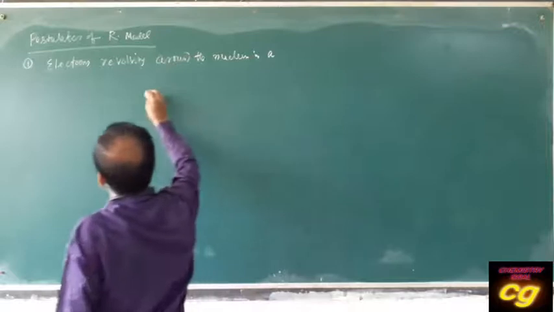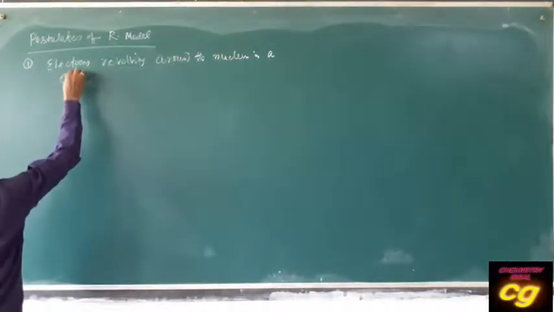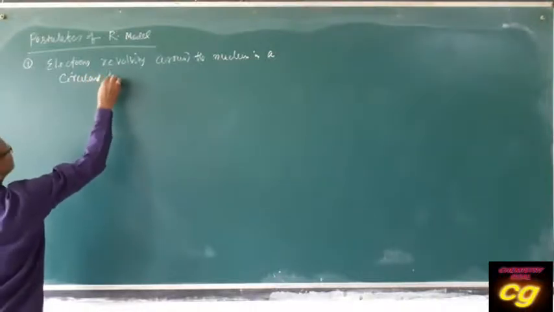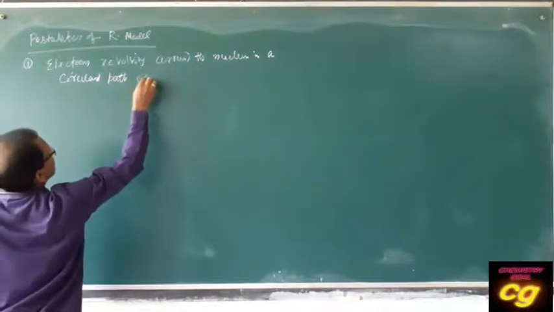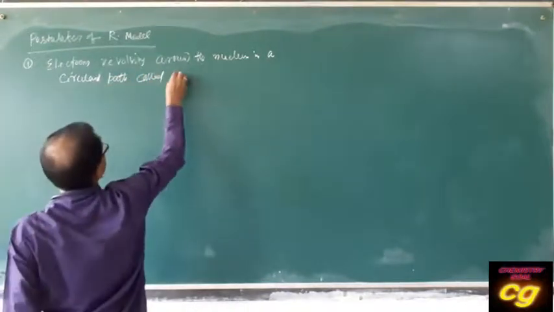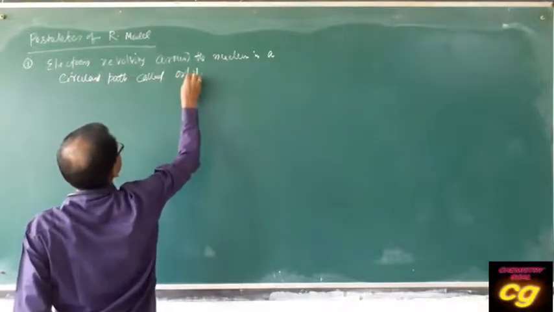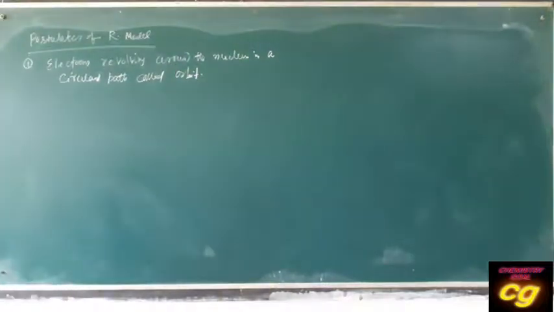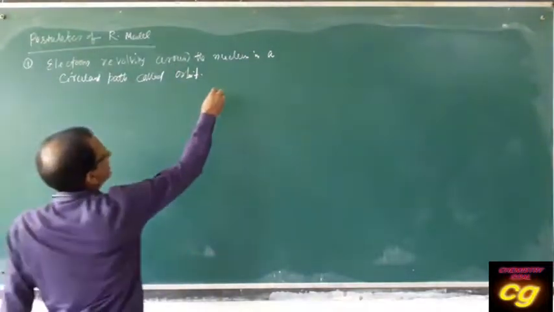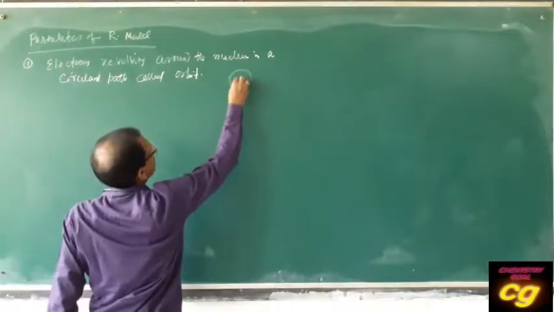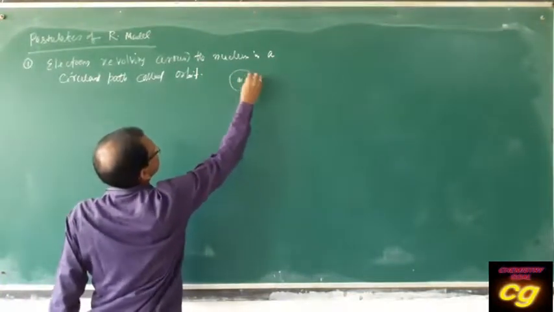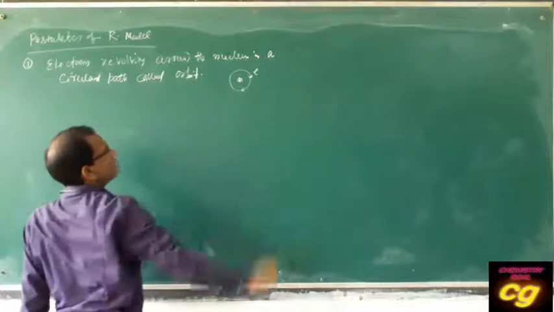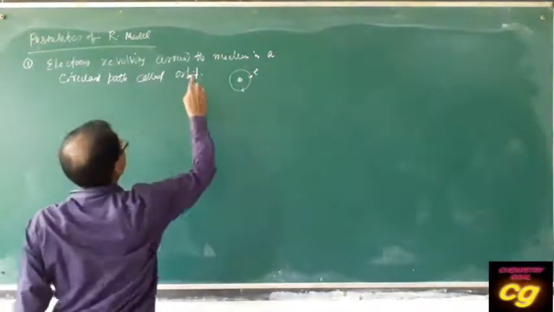Electrons revolving around the nucleus in a circular path called orbit. That means it is revolving around the nucleus. Like this, it is revolving around the nucleus in a circular path called orbit.